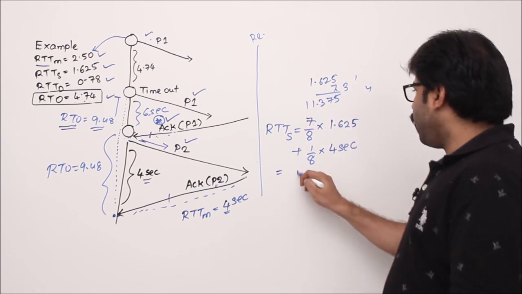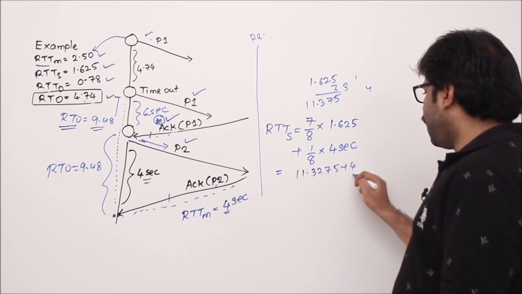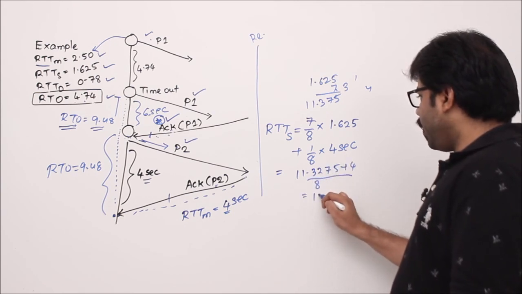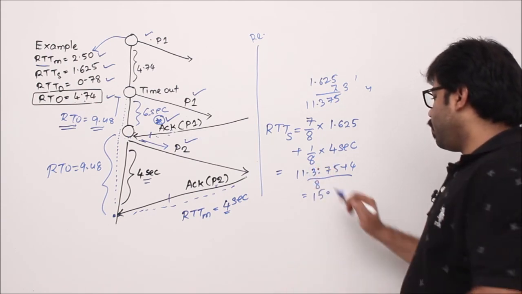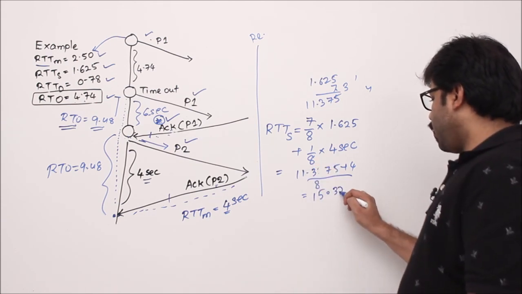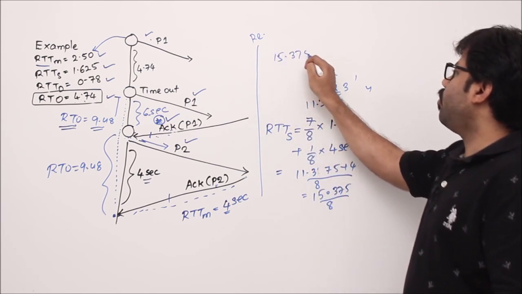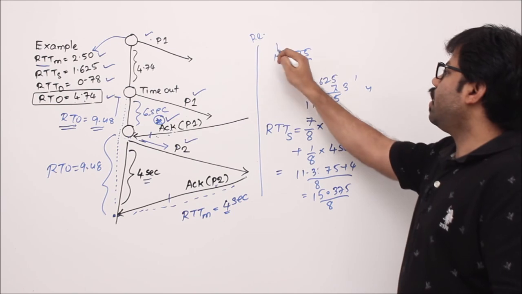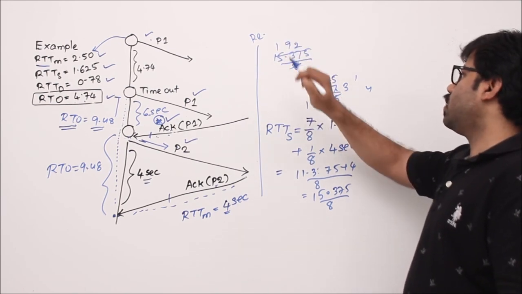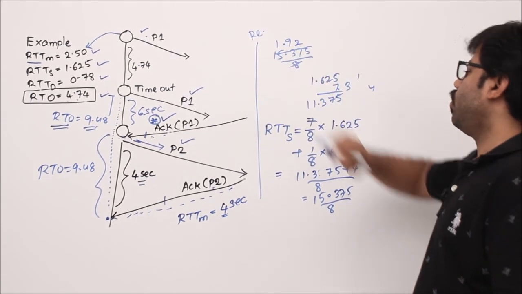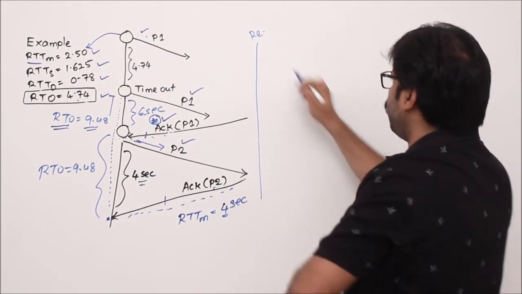Then 11.375 plus 4 is 15.375, divided by 8. If I simplify, it is about 1.92. Let's remember it as RTT smooth, 1.92.